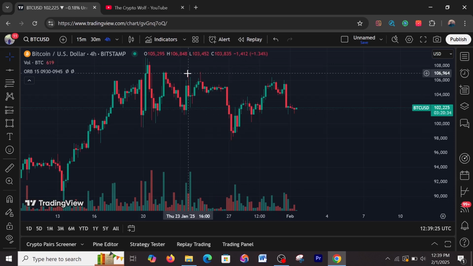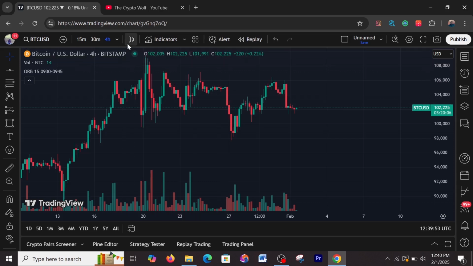So if price breaks above the opening range, it shows you a bullish momentum. If it breaks below, it's a bearish momentum. This is hands down the best tool for day traders, because it captures the price range at the start of the trading day, which is very important for day traders.